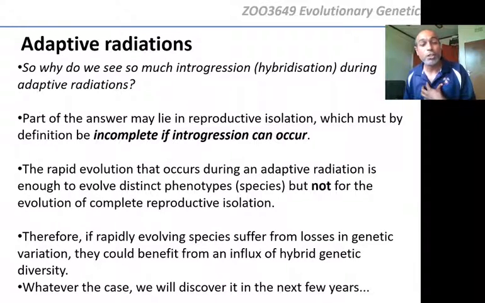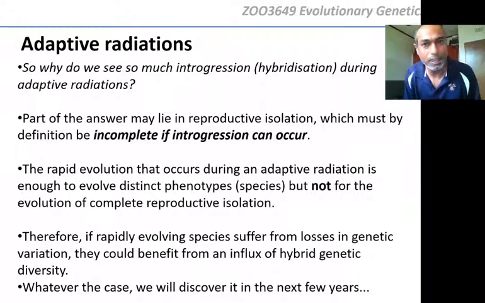Okay? So it could be, and this is one of my personal theories, that if a species is rapidly evolving, especially in isolation, what is going to happen to that population? Genetic drift is going to hammer that population. That population is going to lose genetic diversity. And in the next molecular ecology section, you're going to see that losing genetic diversity is not a good thing. It's a very bad thing.